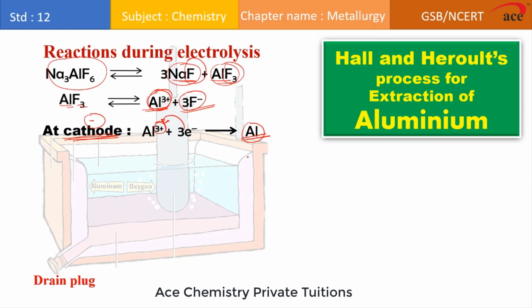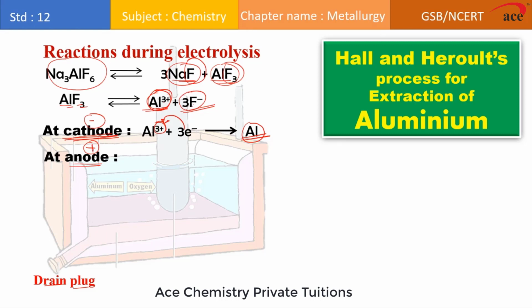All this molten aluminium gets removed from one outlet, which is referred to as what? The drain plug. At the anode, what happens? Now the charge of the anode is opposite to the cathode, that is positive, and the reaction which takes place at the anode is oxidation.